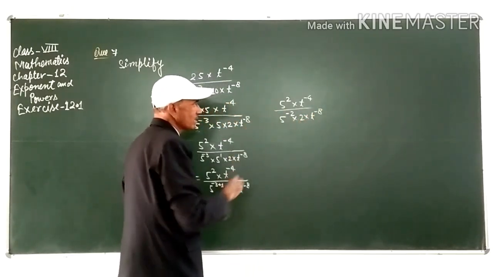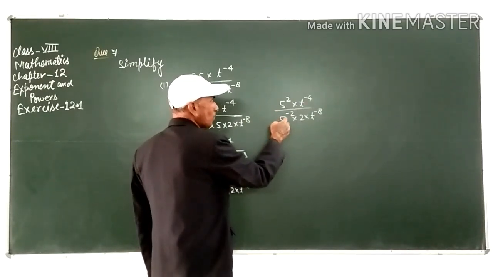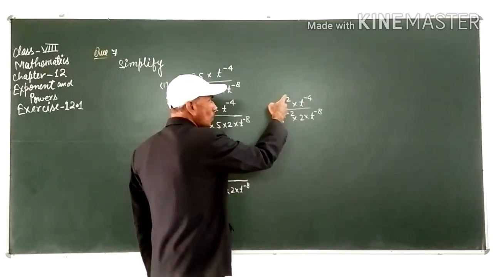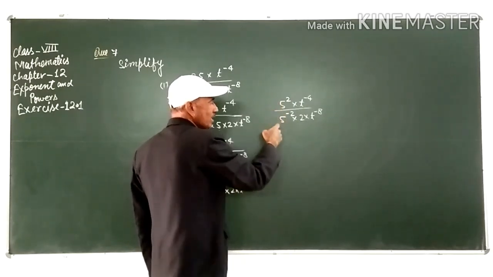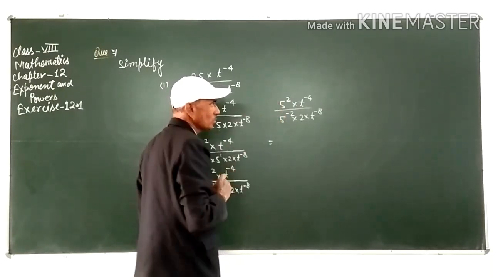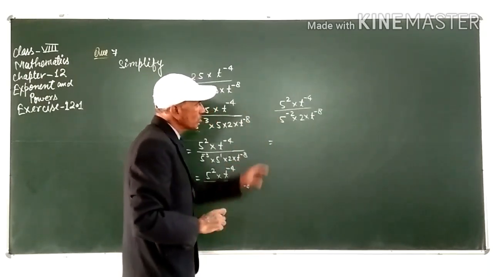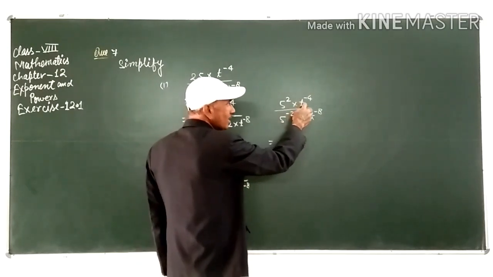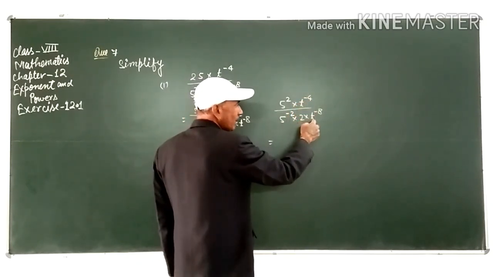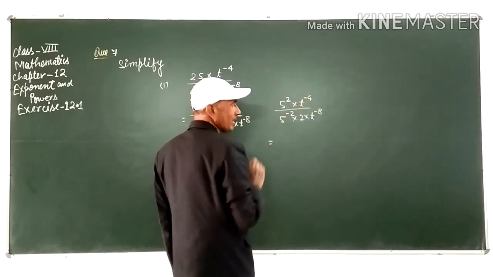Now in the next step, students, we have to write this 5 to the power 2 divided by 5 to the power minus 2. So there is a sign of division between these two. Bases are equal, so exponents will be subtracted. And again here t to the power minus 4 divided by t to the power minus 8.